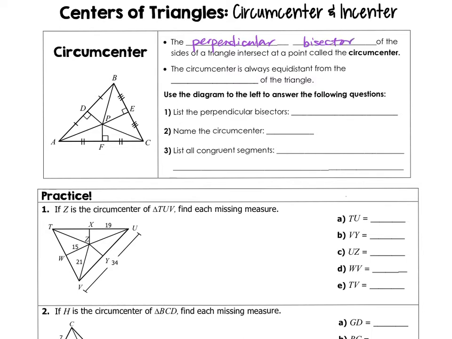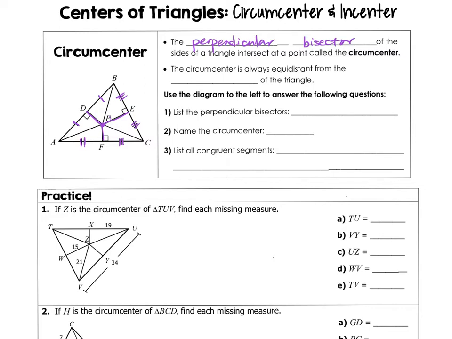The perpendicular bisectors of the sides of a triangle intersect at a point called the circumcenter. If I tell you that P is the circumcenter, then immediately you know that PD, PF, and PE are perpendicular bisectors. Therefore, these tick marks indicate the congruent parts.